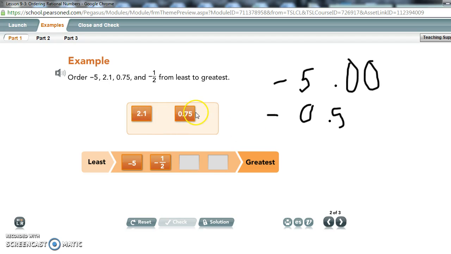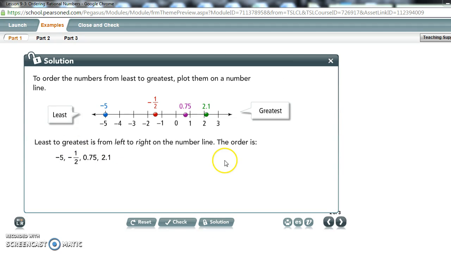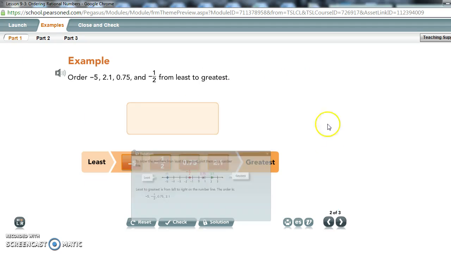So I know that 75 cents will go next, and then $2.10 is after that. Here are your answers. And notice how they then go left to right on the number line. -5, -1/2, 75 hundredths, and 2 1/10.